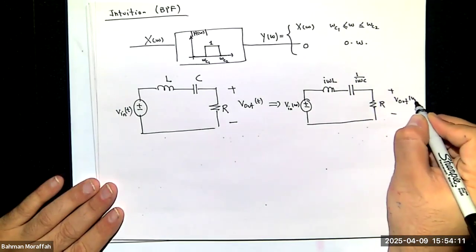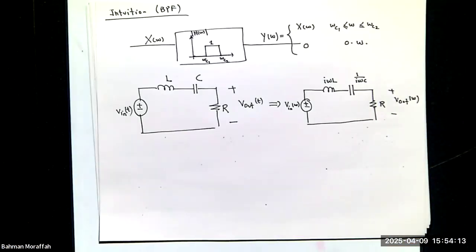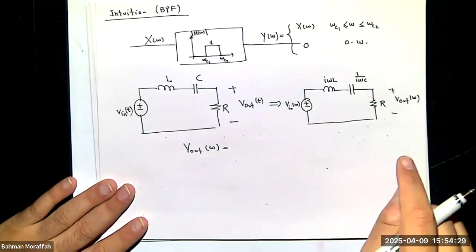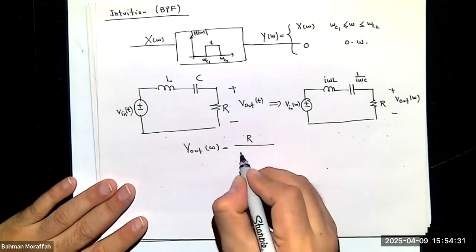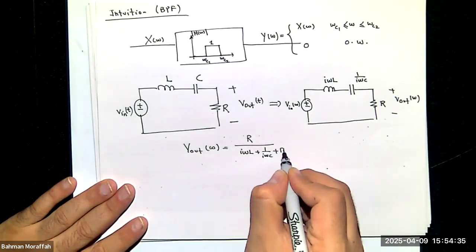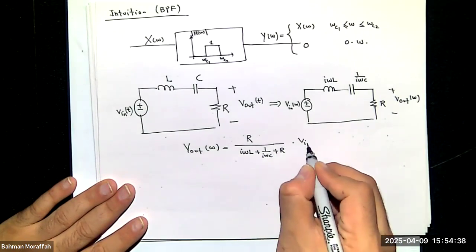And I can compute V out of omega. How do I compute this V out of omega? It's a voltage divider. So this V out of omega is R divided by i omega L plus 1 over i omega C plus R, times V in.